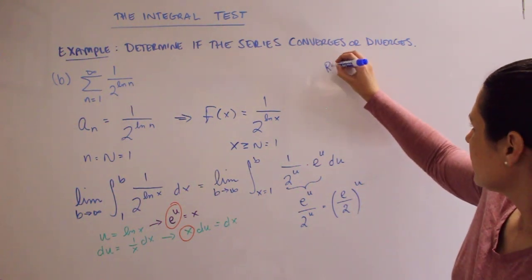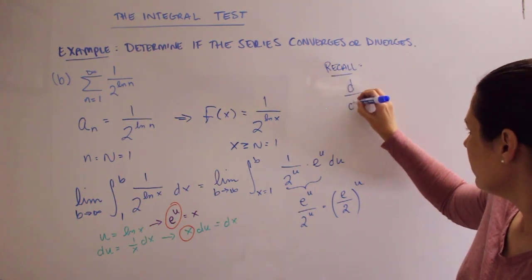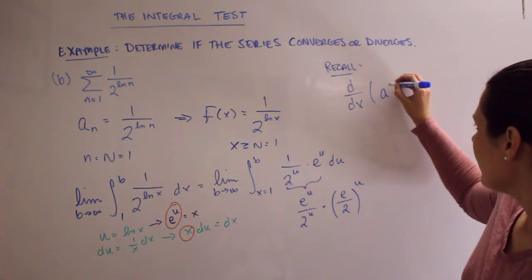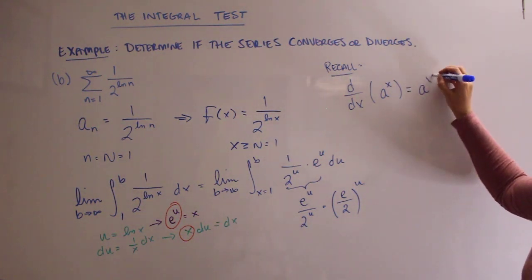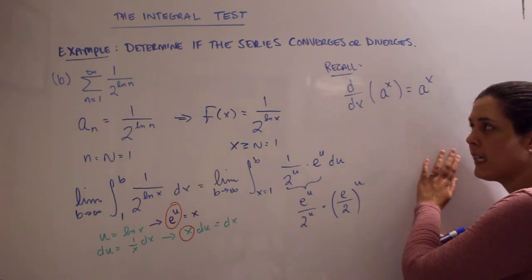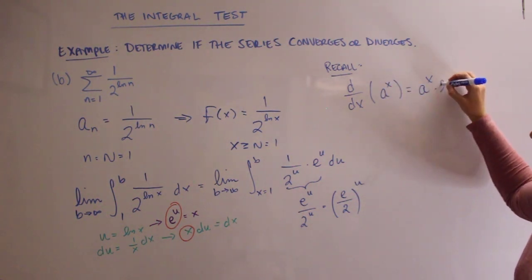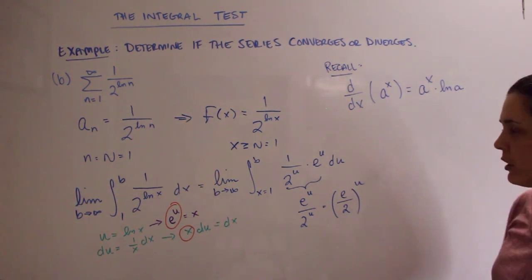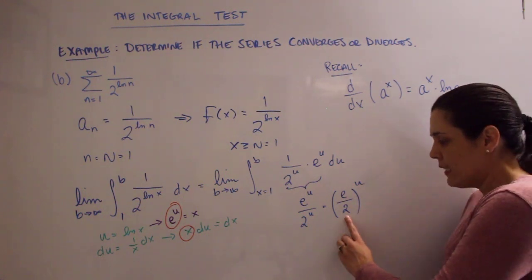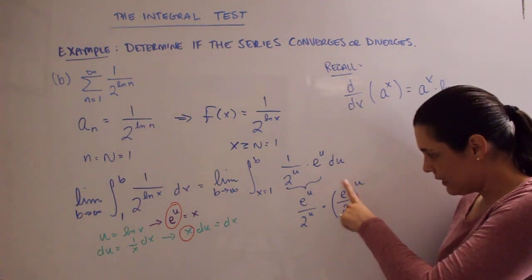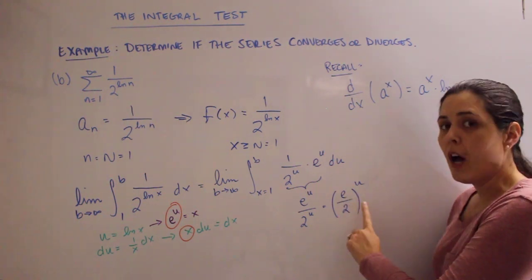From Calc 1, when we learned about derivatives, we learned that the derivative of a to the x was a to the x, just like the derivative of e to the x would be e to the x, but because the base is not e, it's times something extra, specifically natural log of a. E's there, but don't let that make you think this is e. This is just some other number.